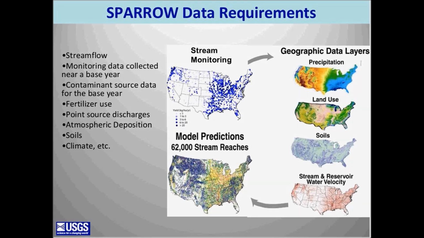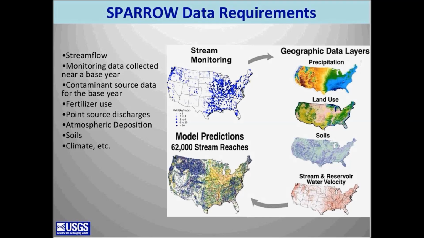I think I forgot to say in a previous slide that the way we run this is not for a multitude of years, but we have to pick a base year to run this model. In this case for California, we picked the year 2002. We picked 2002 because SPARROW is being implemented across the country by USGS. They started in the east and are moving out to the west, and for national consistency, we picked 2002.